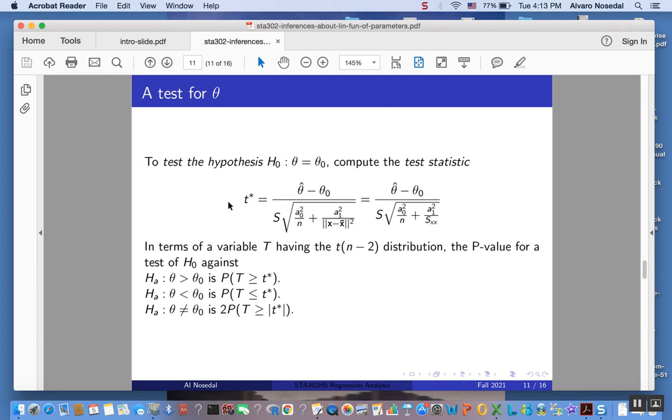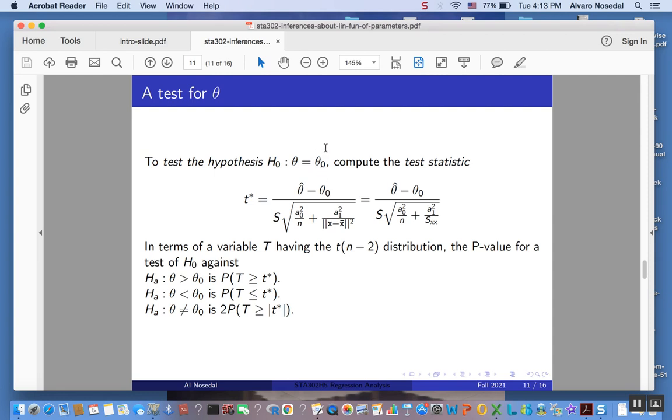Okay, I'm back. This comes from your lecture notes. Here I have the expression for the test statistic that you would need if you wanted to test the following. The null hypothesis is theta equals a particular value, theta naught.